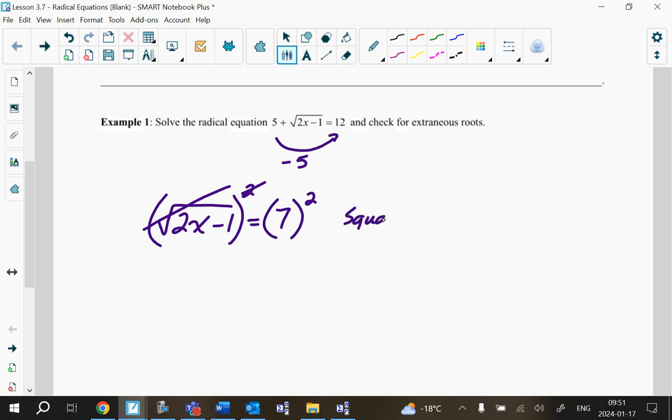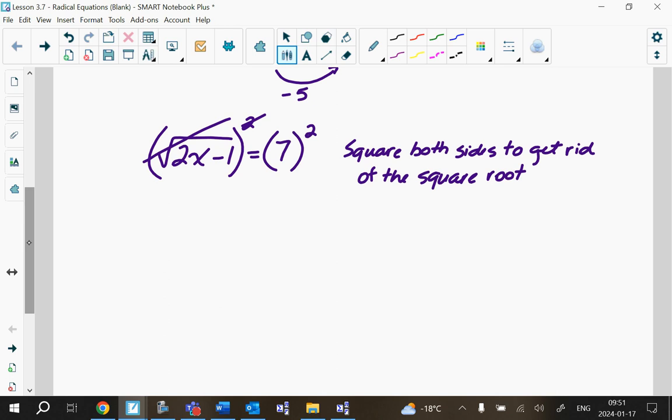So square both sides to get rid of the square root. What does the equation look like now? What does the left side look like? 2x minus 1. What does the right side look like? 49.